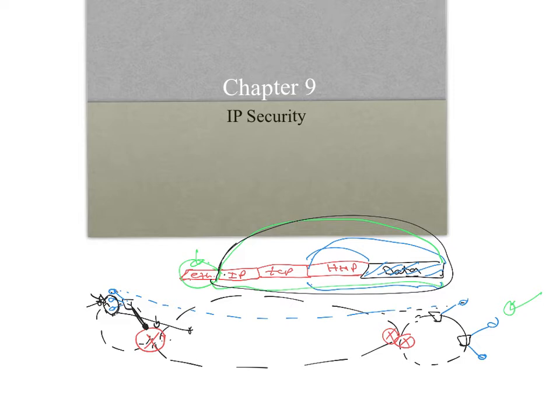Again, network access security does not provide end-to-end security. So neither application security guarantees full security for the network infrastructure, nor does the network access layer security. That's why we need another level of security.